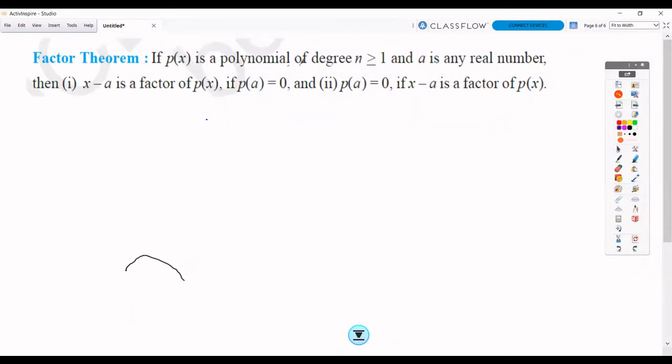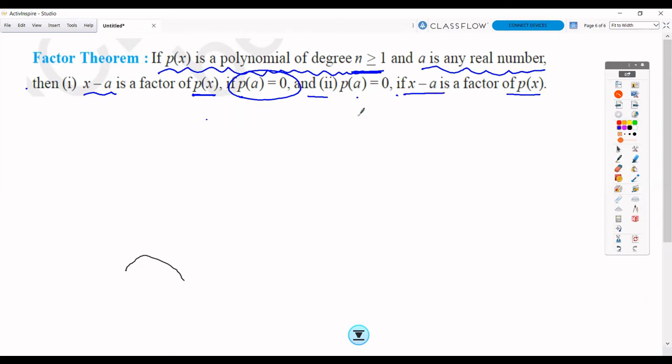If p(x) is a polynomial of degree n greater than or equal to 1, first sentence is same, and a is any real number, the second condition is also same, then x minus a is a factor of p(x) if p(a) is equal to 0, and second, p(a) is equal to 0 if x minus a is a factor of p(x).